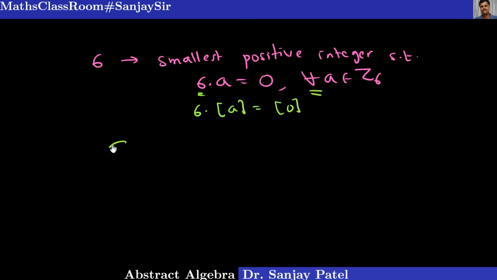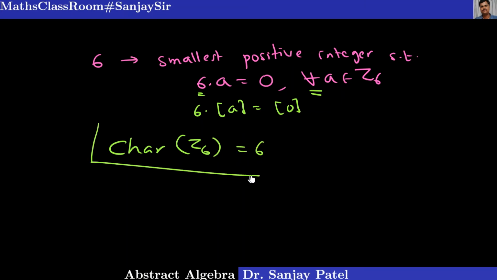Therefore, I can say the characteristic of the ring Z6 is equal to 6. Okay, characteristic of Z6 is equal to 6.